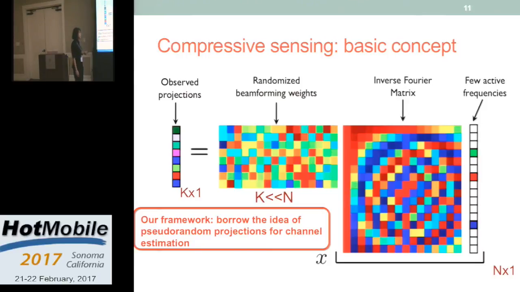For example, the signal X is not sparse, but when we take the Fourier transform, it will be sparse in the frequency domain. If we have such a signal, with a randomized projection of this signal to some subspace which has a dimension smaller than N, we can recover these sparse elements. This is the whole idea of compressive sensing.